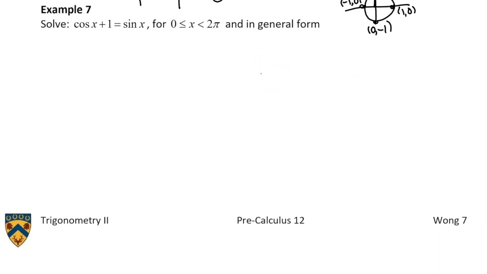So if we have a cos x and a sine x, and we can't really make them the same right away, and you're trying to think of what we could do to create them so that there is only one variable, you could play around with things, and what I would recommend is let's try squaring both sides. If we square both sides, we would now have a FOIL on the left side.